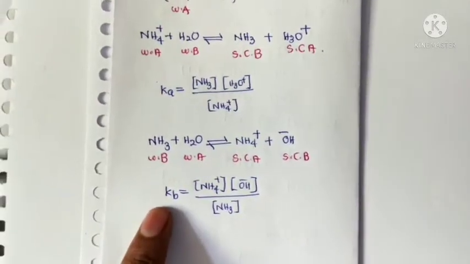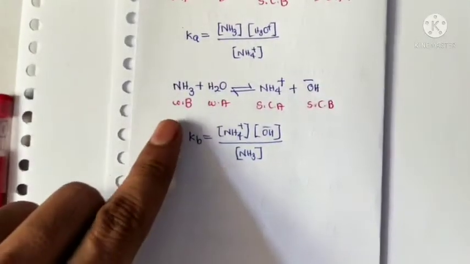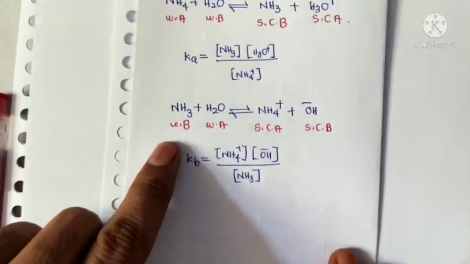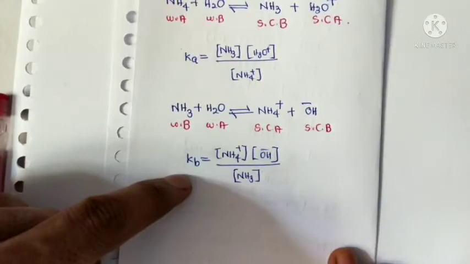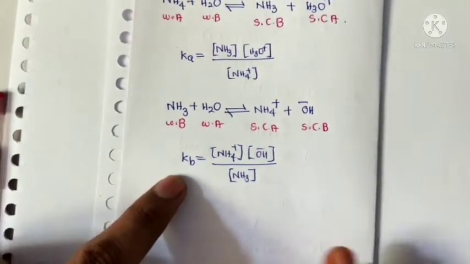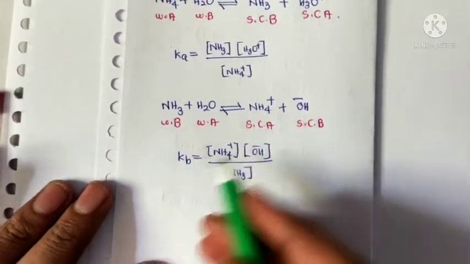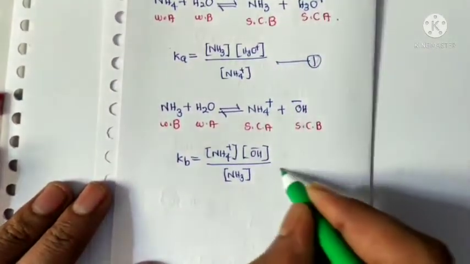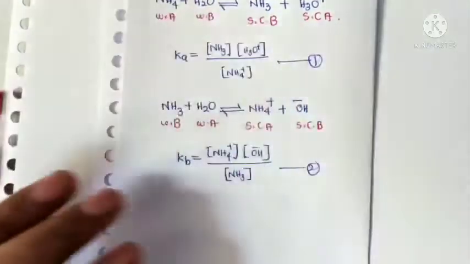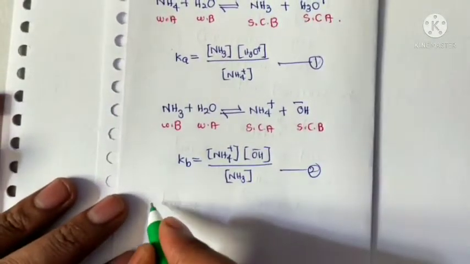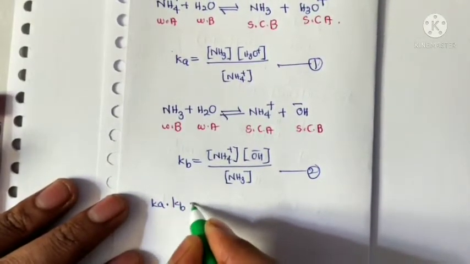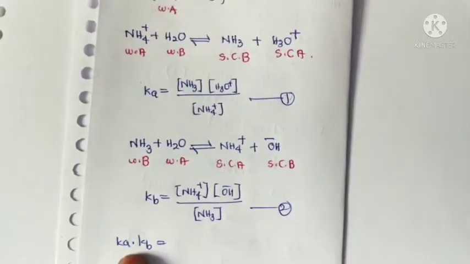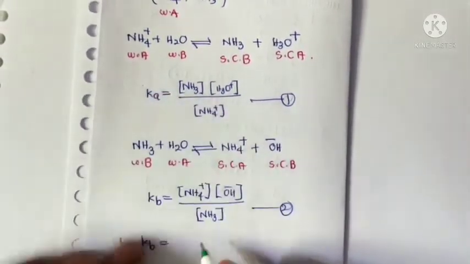This is the ionization constant of the weak base. Ka is the ionization constant of the weak acid, Kb is the ionization constant of the weak base. Now equation 1 and equation 2 are both multiplied, that means Ka multiplied with Kb. So what happened here?